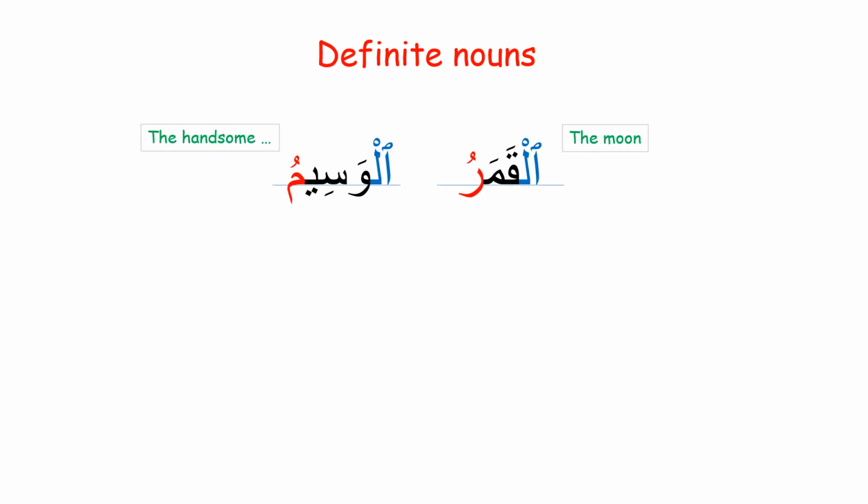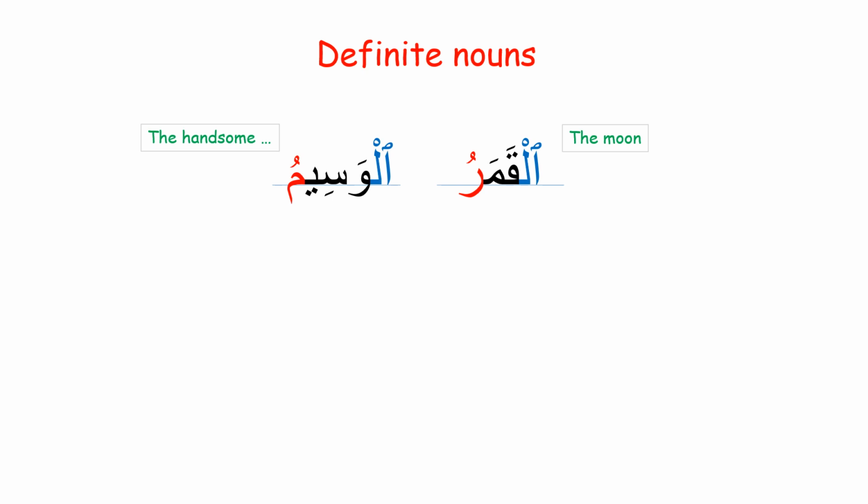So far so good. Now I need your full attention please. The choice of the word القمر was not done randomly. Please keep that in mind. That's on one hand. On the other hand, I'm going to read the definite words that we have just made again.